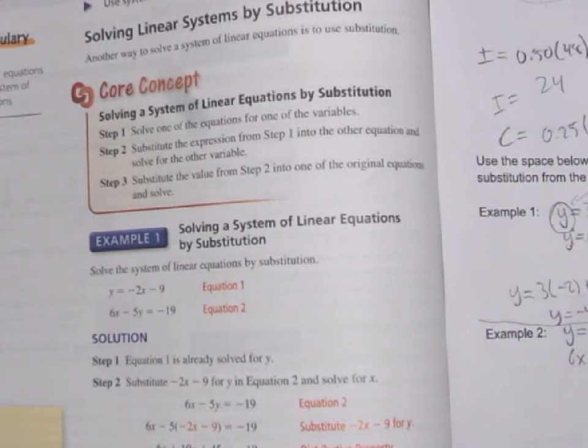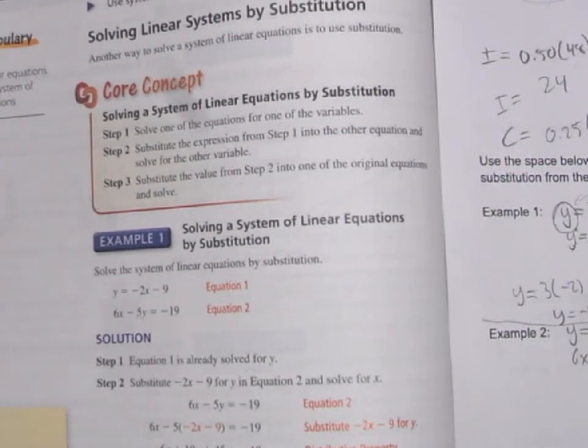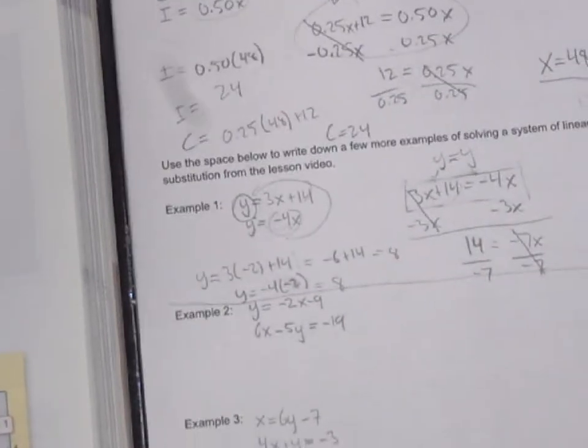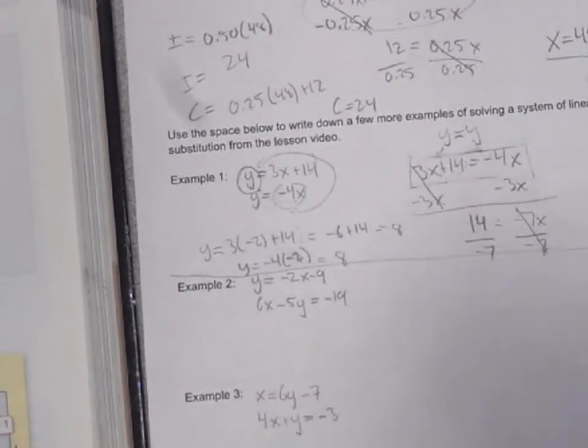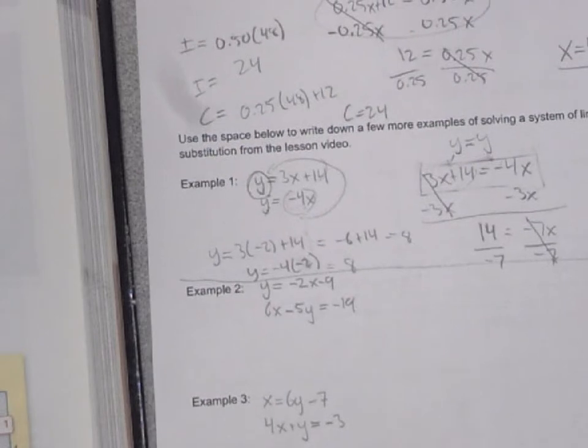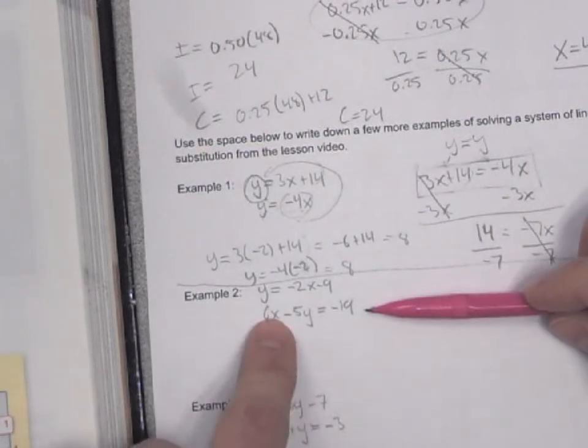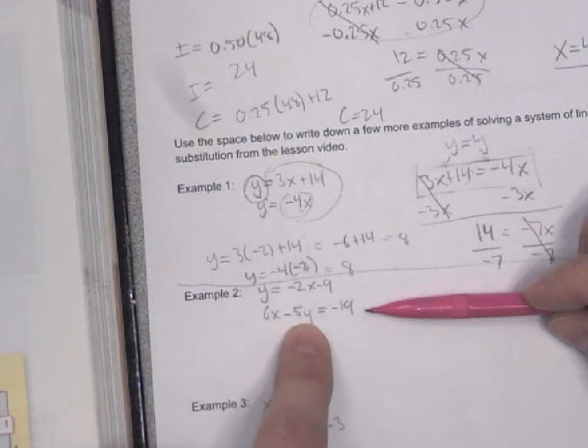Let's run through those steps again and highlight them as we go, and we're going to do that with example 2, that I have right here. I grabbed these all from your book, but we'll just do them right here. So step 1, we have to make sure one of the variables is solved for. When you look at equation 2 here in example 2, notice that there's not a variable by itself.